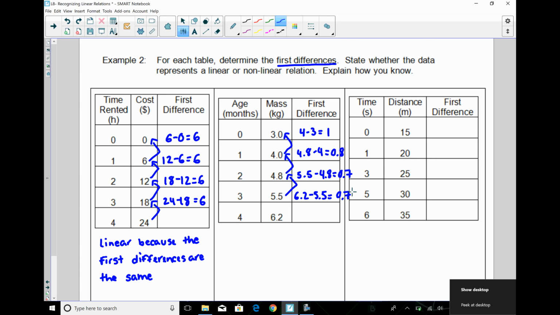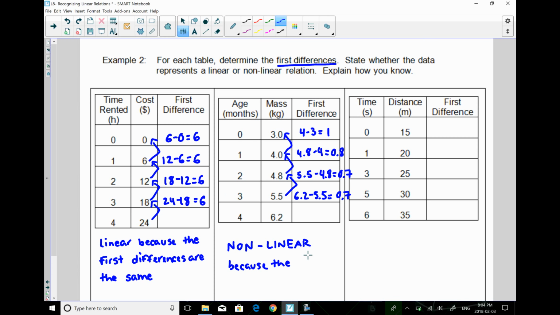So here, this is non-linear, because the first differences are not the same.